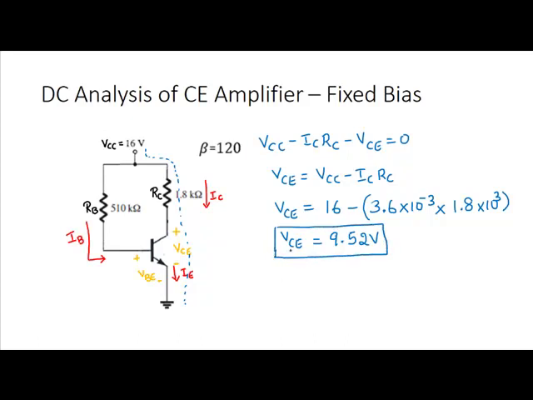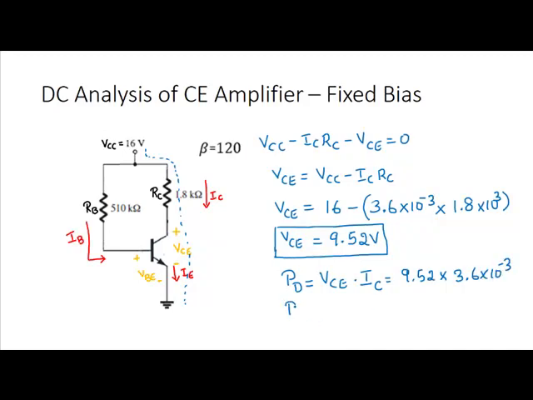I can calculate the static power dissipation of this BJT, PD. So static power dissipation PD is given by the voltage across the device, that is VCE, times the current flowing through the device, that is IC. So substituting the values, 9.52 times IC, which is 3.6 milliampere, 3.6 into 10 power minus 3.